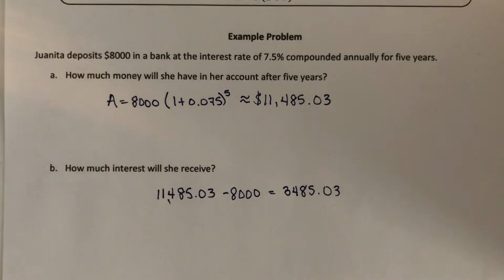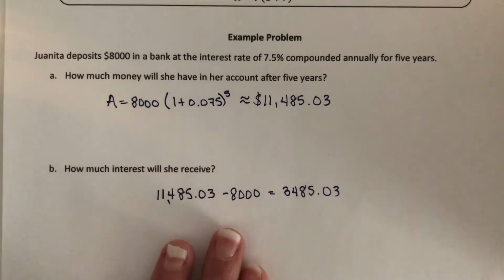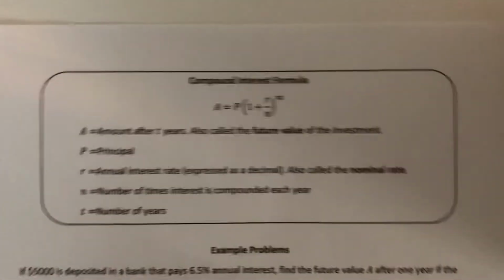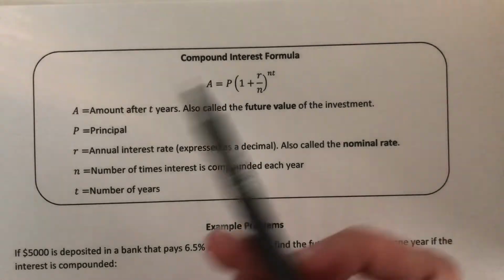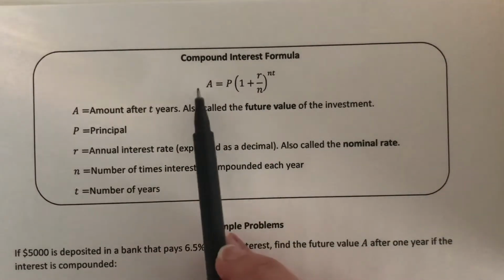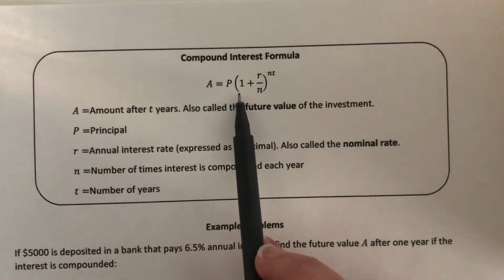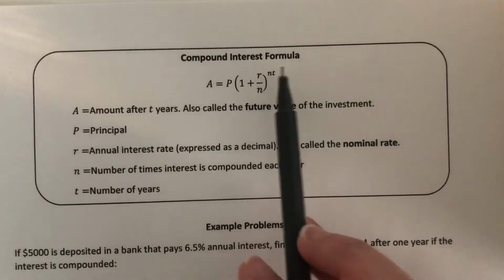Now, of course, we do have options that are compounded more often than that. Okay, so let's look at our more general compound interest formula. Now, it looks like this. A is equal to P times (1 plus R over N) to the NT.